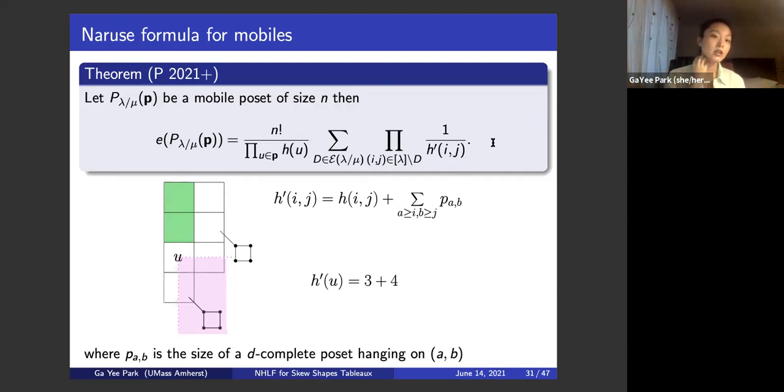So the definition of hook for a mobile poset is the original hook length plus the extension to its d-complete posets. So all the d-complete posets hanging below and to the right of the element, in particular for this case, this pink region, we are counting those in and we're adding the sizes of these d-complete posets into the hook length. For this, the original hook length was 3, and now I'm adding 4 in, so now the new hook length is 7.